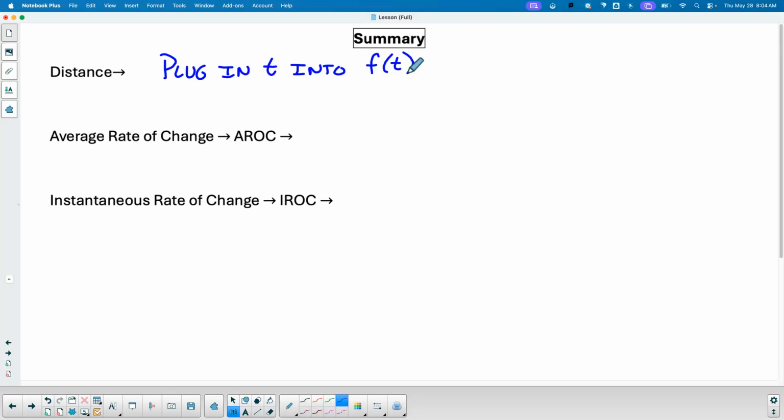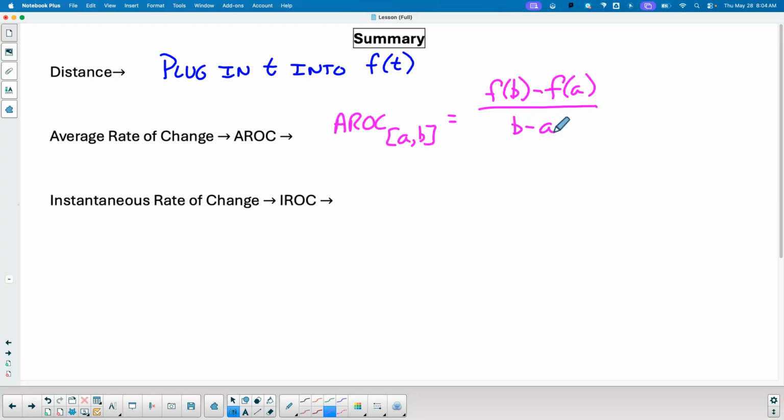If I'm finding the AROC, then that is on an interval from A to B. It's going to be f of B minus f of A all over B minus A. We've done that all week.